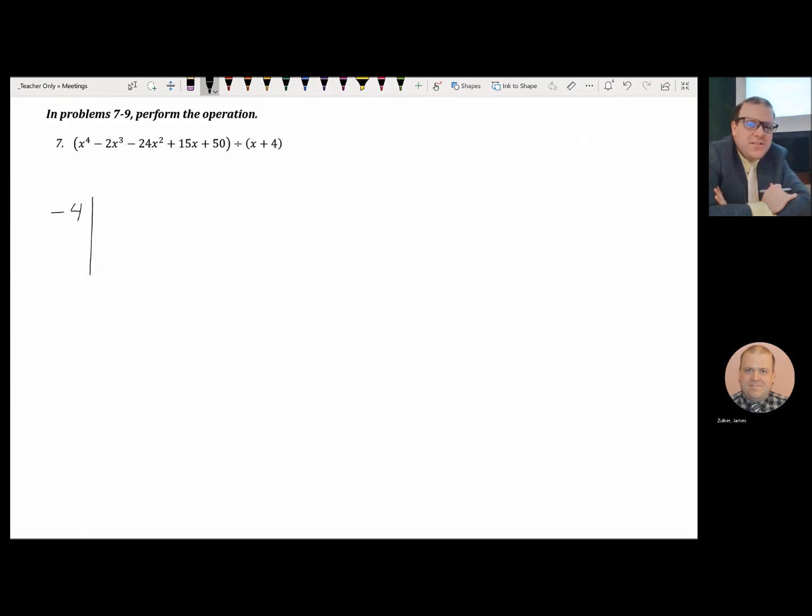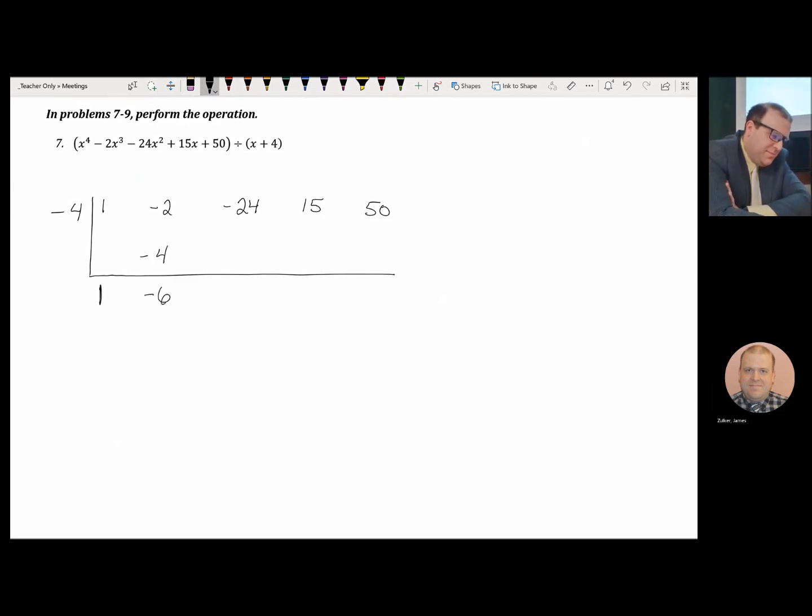What are the coefficients? Carry the 1 down, times -4. Minus 2 times -4.